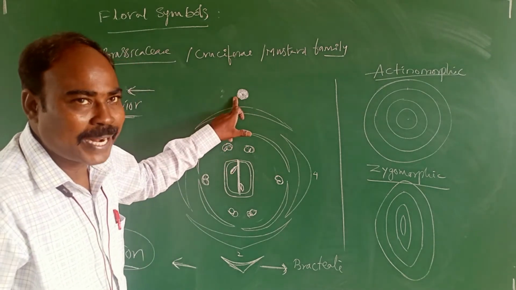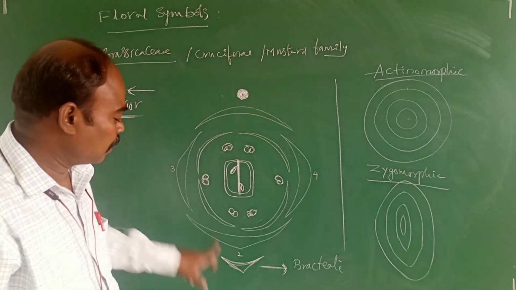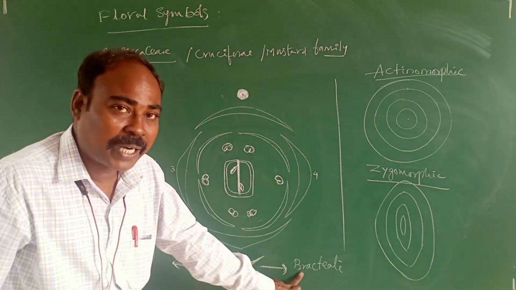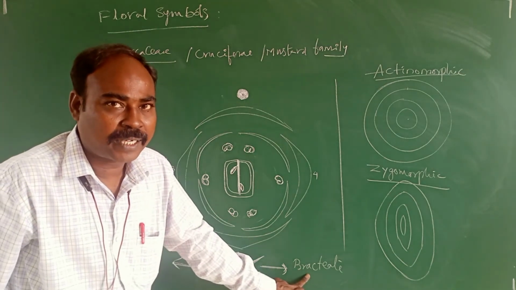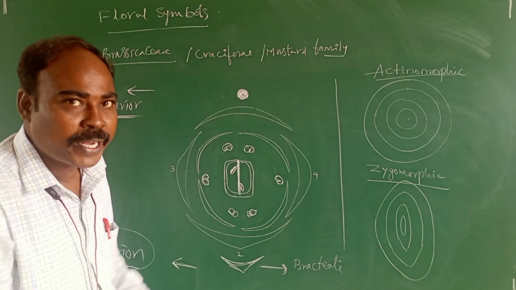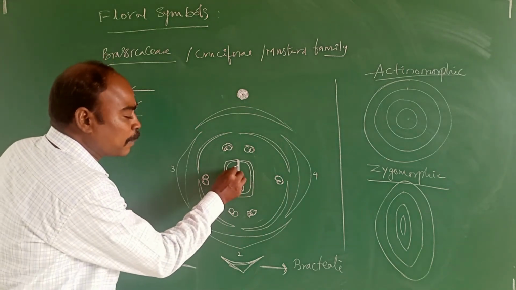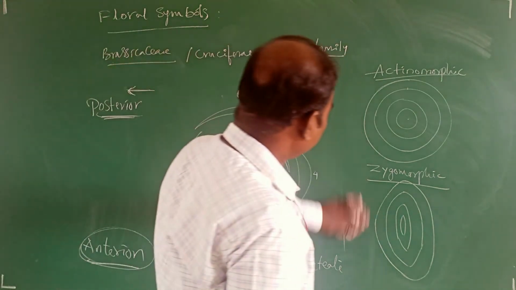Mother axis or main axis, posterior side, anterior side with the bracts. So this is a floral diagram. In a floral diagram, we can explain the placentation also.